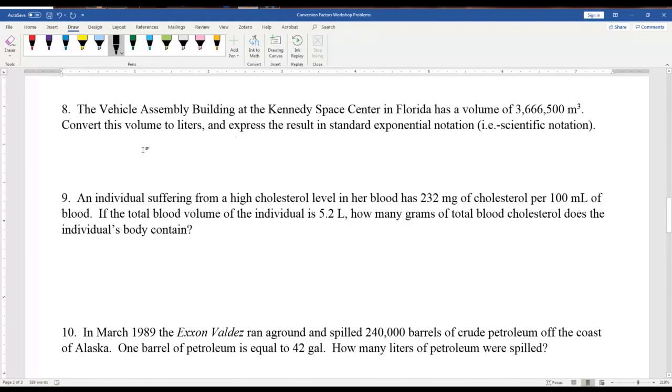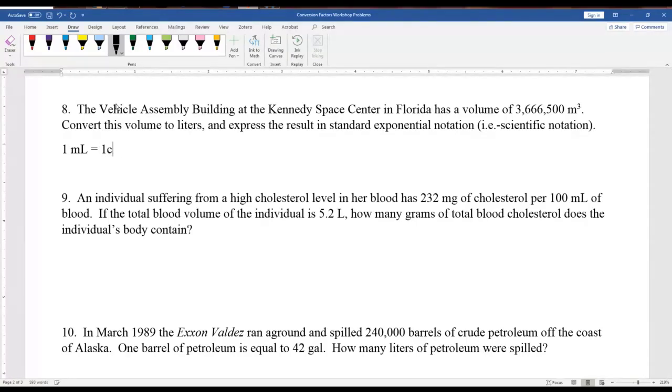Convert this volume to liters and express the result in standard exponential notation, in other words, scientific notation. All right, so for this, there's a couple of things that you kind of need to know. And this is actually a common conversion factor.